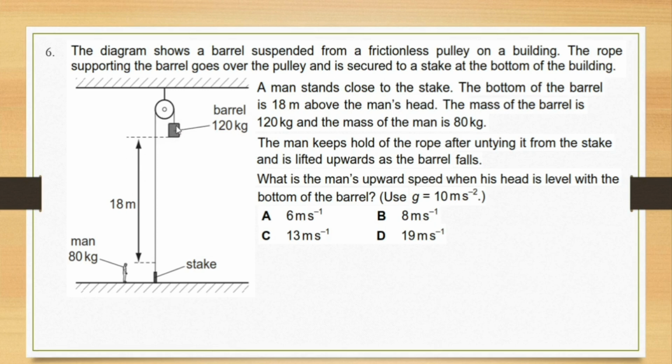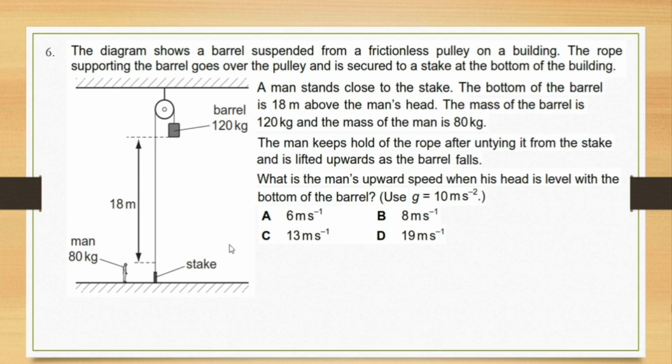So this barrel will fall and he will be lifted upwards, and there will be a certain time when his head is level with the bottom of the barrel. I guess that's when each reaches half of 18 meters. It reaches a distance of 9 meters, and this one reaches the distance of 9 meters.